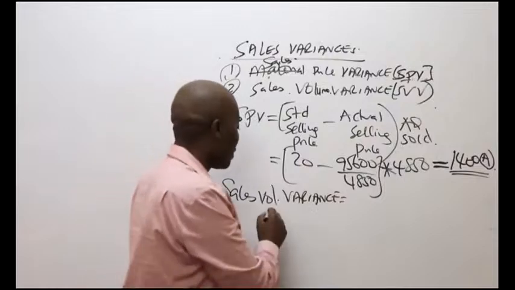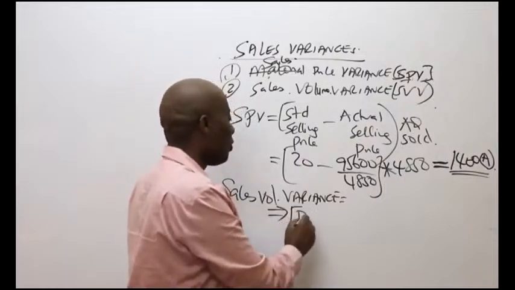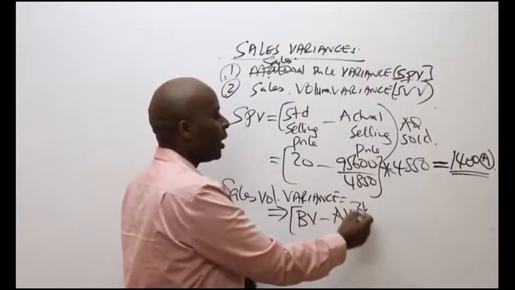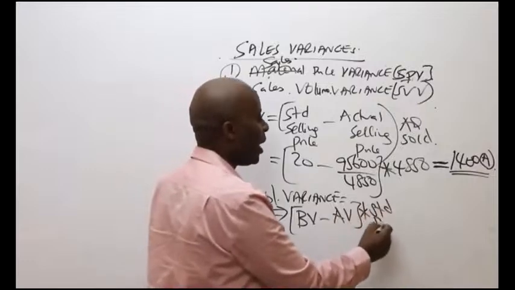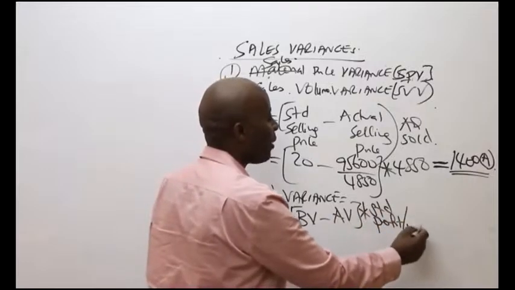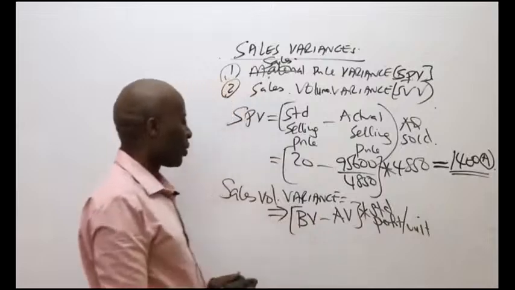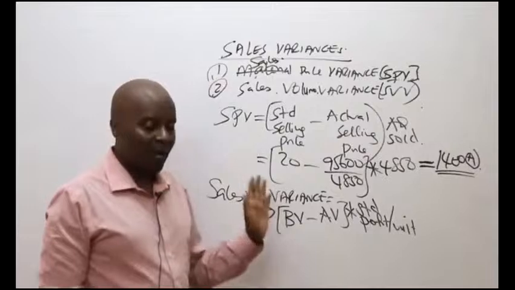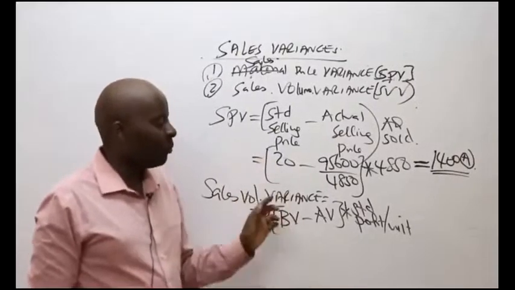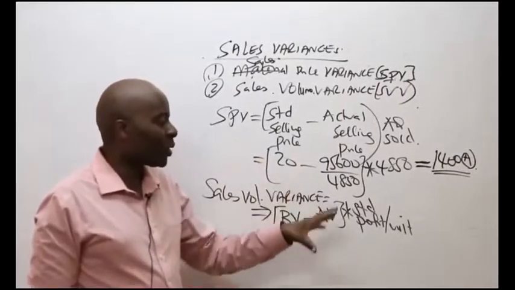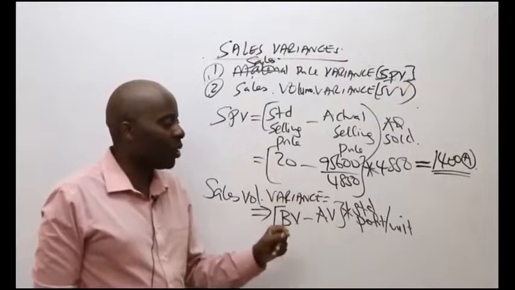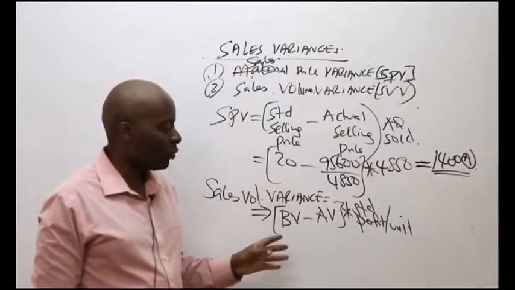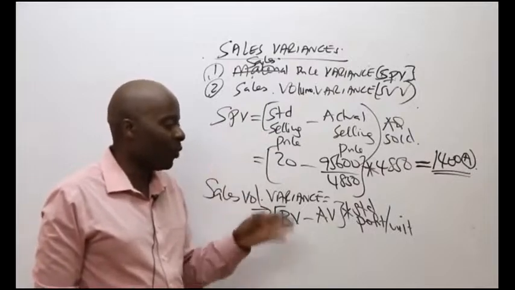To get the sales volume variance, ladies and gentlemen, we normally take the budgeted volume minus the actual volume. This is a funny one because outside here we have the standard profit per unit. So we have budgeted volume minus actual volume times standard profit per unit.